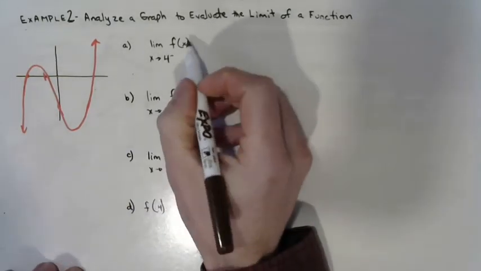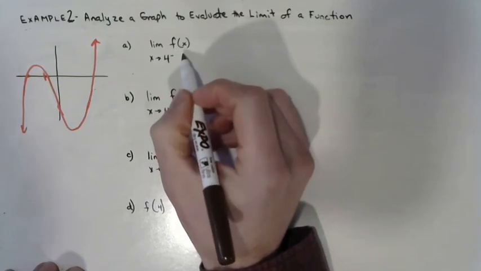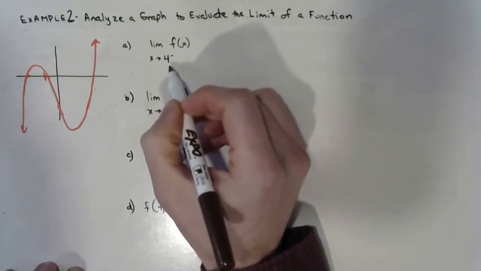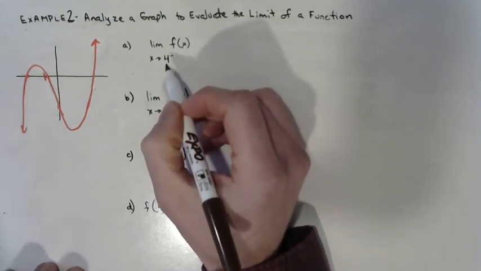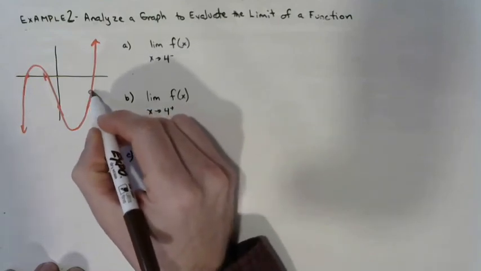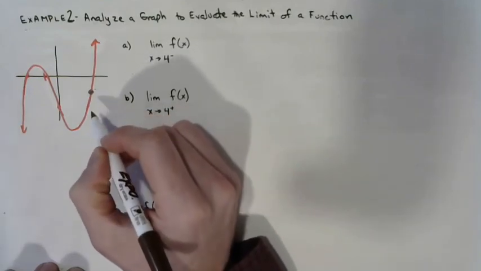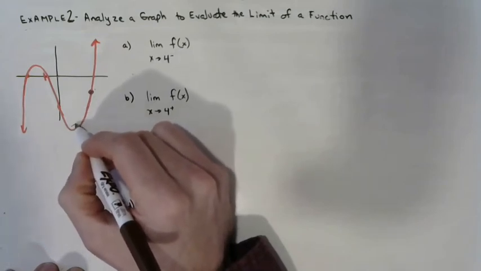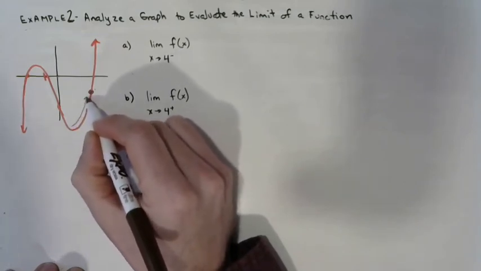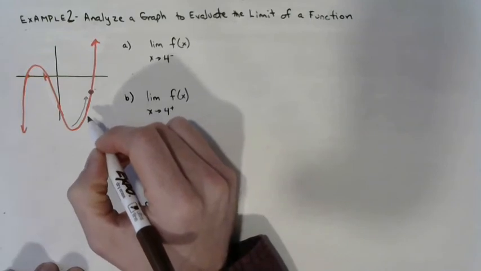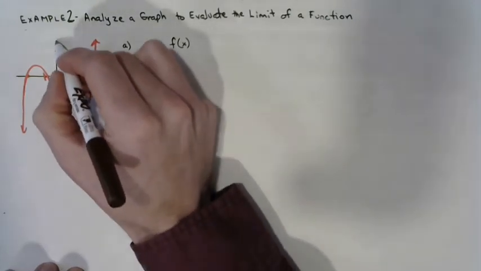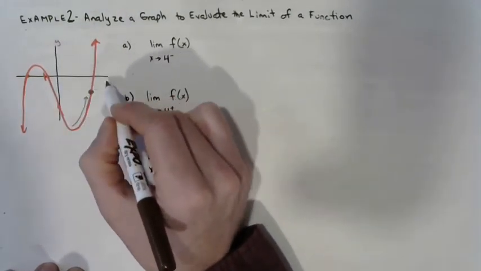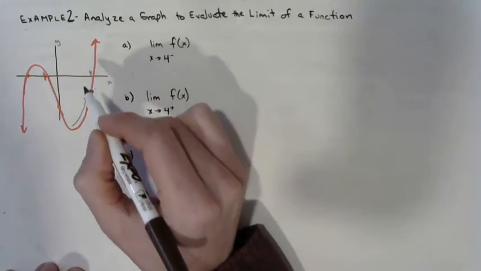Again, this refers to the limit of f of x at 4 as we approach 4 from the left. So in your picture, if you're following along in the textbook, that's probably best. We're on page 28. But basically, we're going to follow this curve up from the left. And we're going to say, okay, what's the y value that we're approaching as x approaches 4?